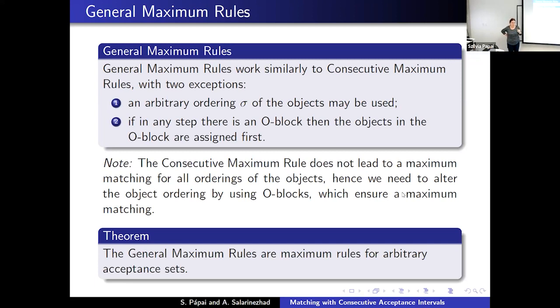Then one of those objects we will not be able to assign, and which one will be determined by the ordering of the objects. We've been working on this for a while, and some of these I haven't seen for a while. So anyway, general maximum rules are maximum rules for arbitrary acceptance sets.